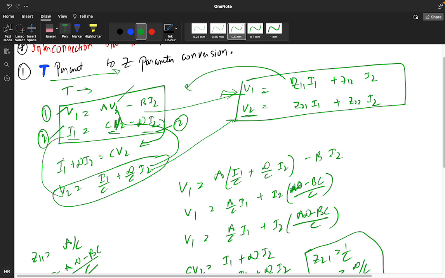From equation 2 you get the value of V2, and this V2 value is substituted in this, and you are getting the same equations like this, right? You are getting the I1 value and the I2 value. Here we have the I1 value, here we have the I2 value, and the rest, A by C and AD minus BC, is directly compared to Z11 and Z12, right?